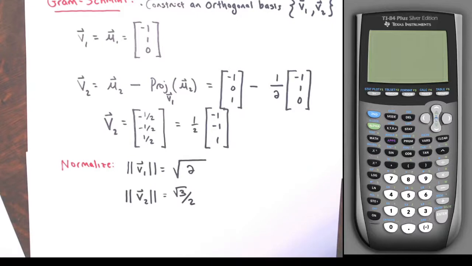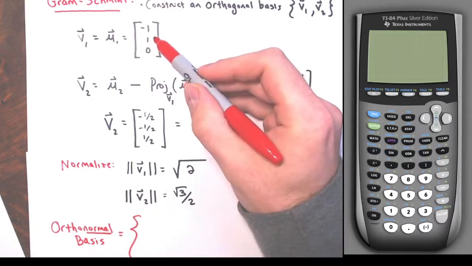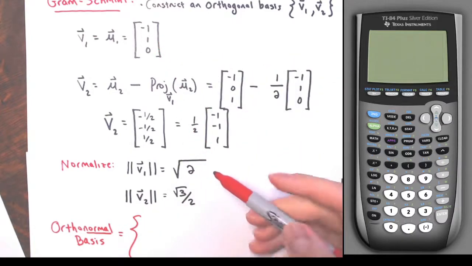So the normalized vectors. Here's my orthonormal basis. Take vector v1, divide it by its norm.